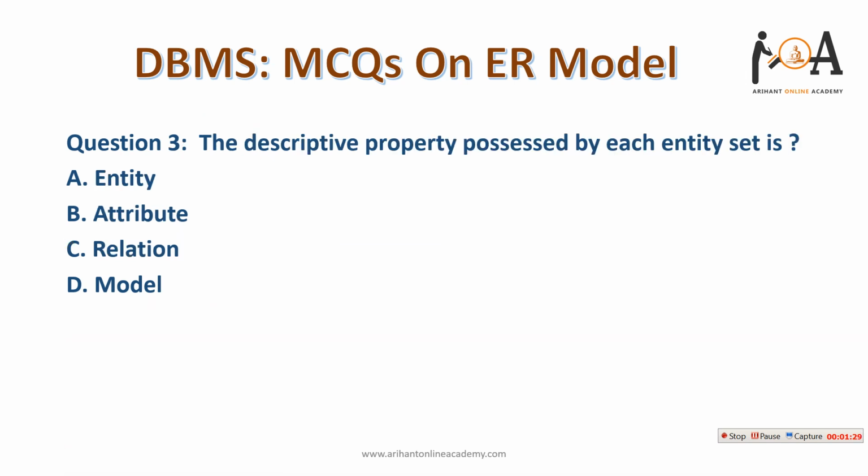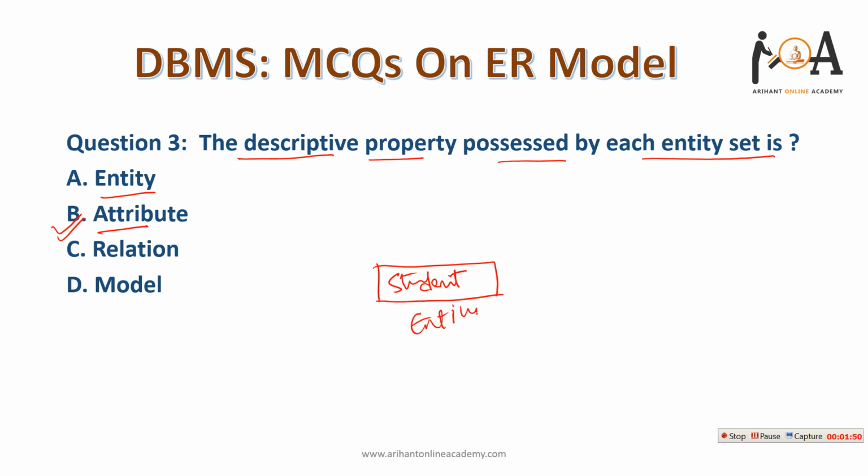The next one: the descriptive property possessed by each entity set is called what? Is it entity? No. Attribute? Yes. Suppose the entity is student. Descriptive property means the description about the entity.